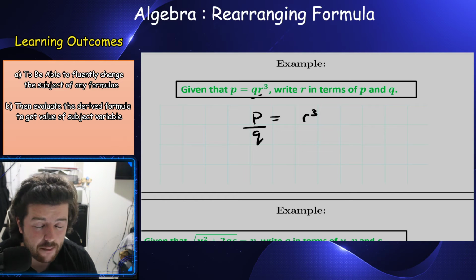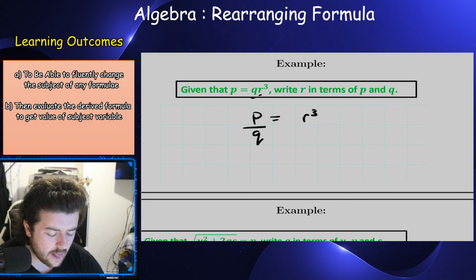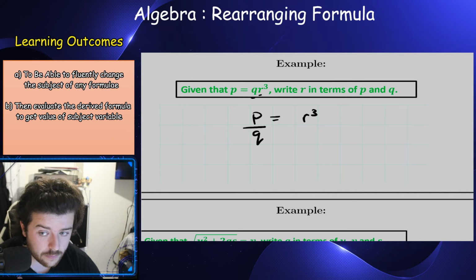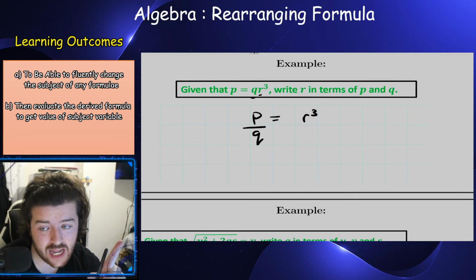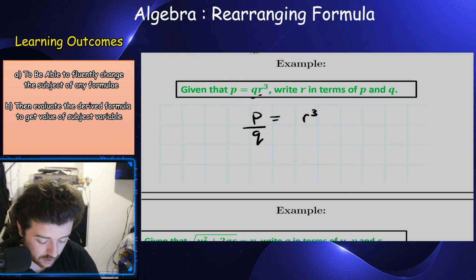Indices, or powers. Am I putting my r term to any powers? Yes, I am. I'm putting it to a power of 3. So if I have a power of 3, the inverse of a cube is a cube root.